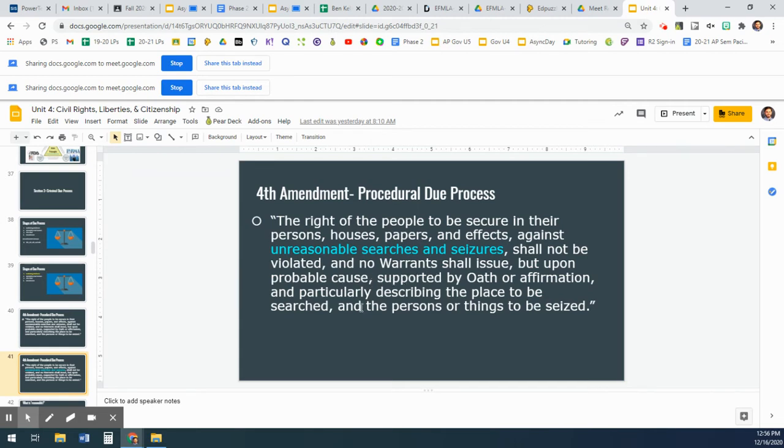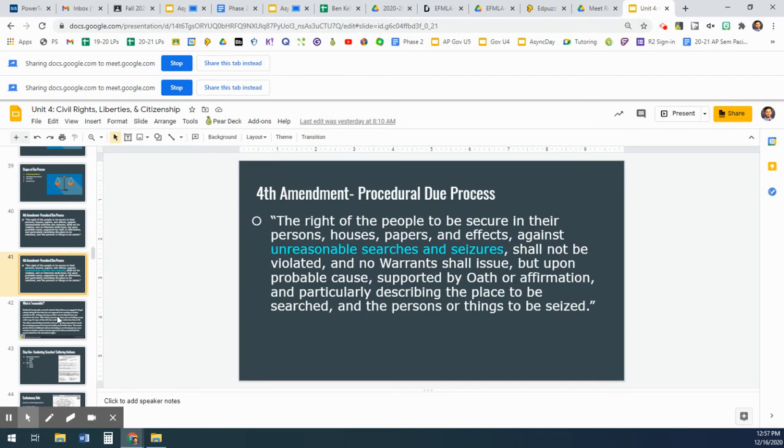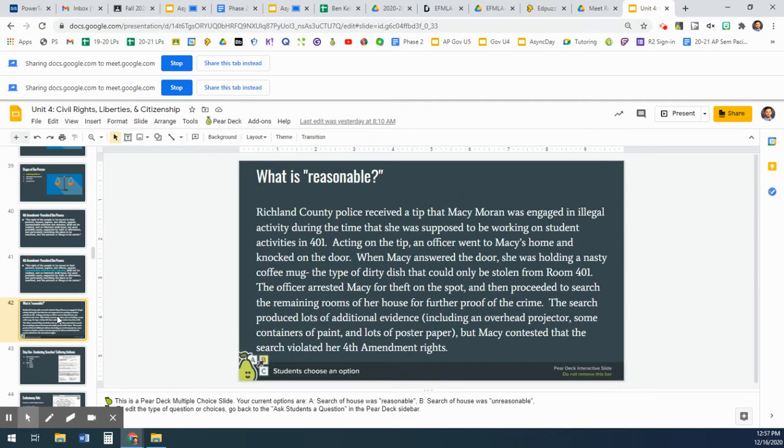So this warrant clause is important as well. If those things are followed, then the justice system has the ability to search and seize you or evidence. Otherwise, they do not, and this protects you from that. So the first thing we're going to take a look at is, what is reasonable?